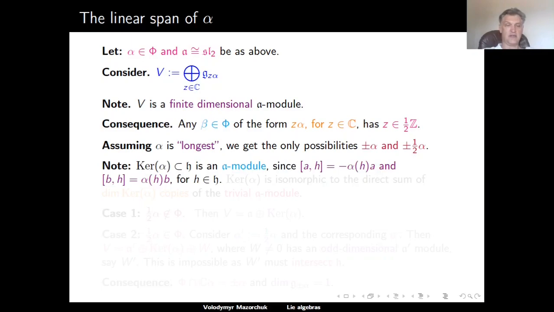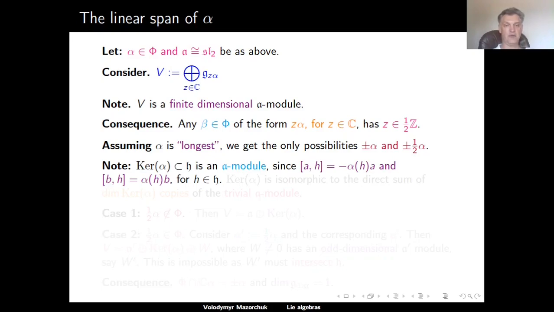Next, we note that the kernel of alpha, this is a subspace of the Cartan subalgebra, is actually a module over our SL2 subalgebra A. This is because if we take any element H in the Cartan subalgebra and bracket it with our element A of the algebra A, we get a scalar multiple of A with a scalar given by minus alpha of H. So if H belongs to the kernel of alpha, we will get 0.